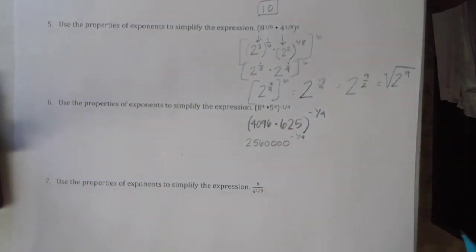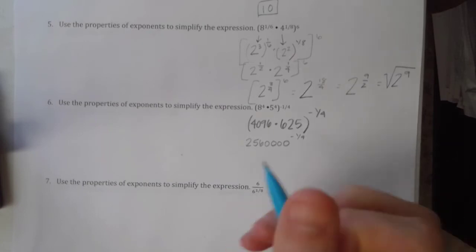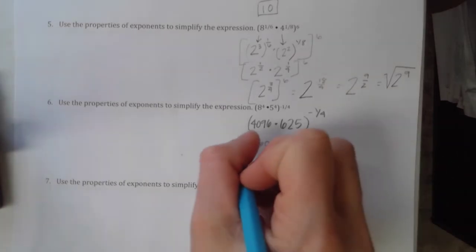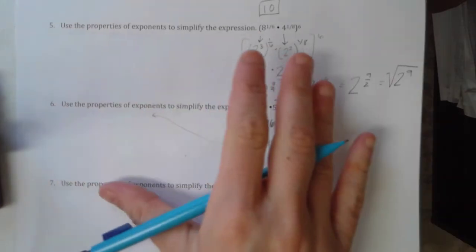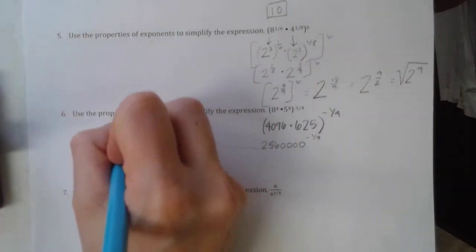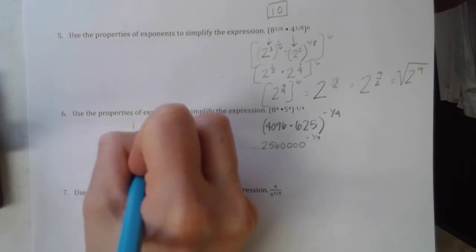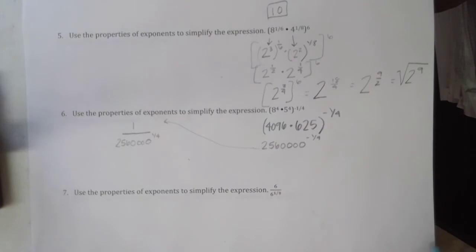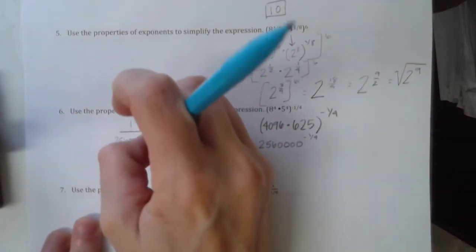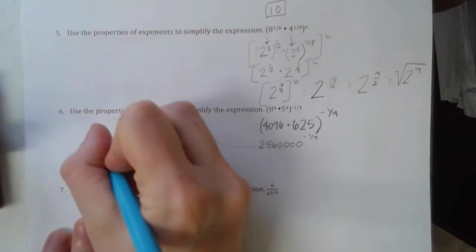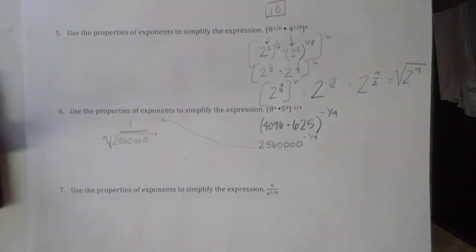Okay, so a negative exponent just means that it goes into the denominator. Okay, so if I want to simplify this, let me come over here and simplify this. That'll give me 1 over 2,560,000 to the 1/4 power. And remember that 1/4 power just means the 4th root. Okay, and we can always simplify if it doesn't have a variable in it.